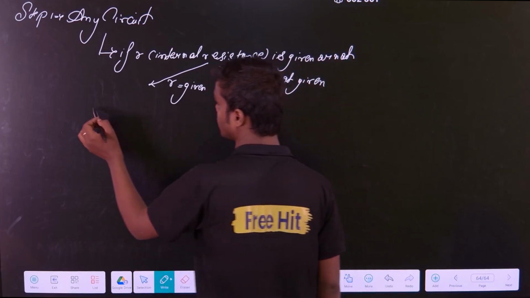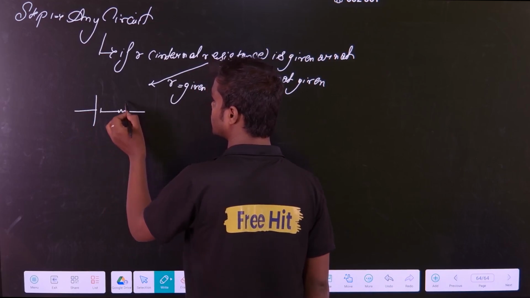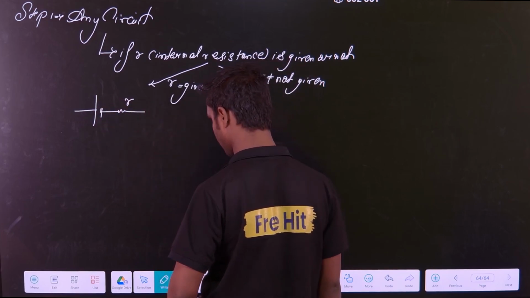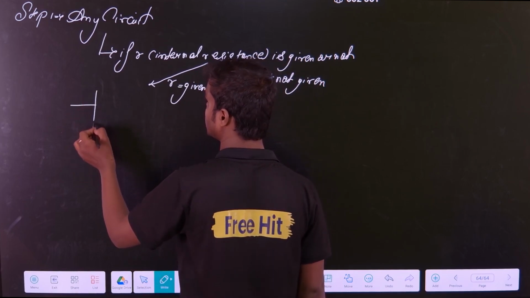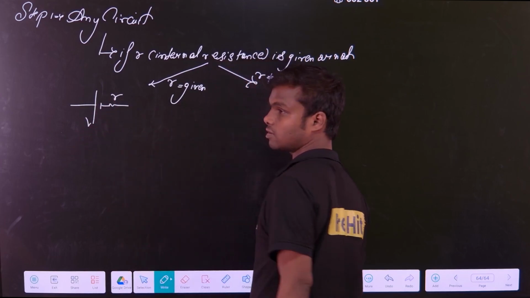If r is given, then you write the circuit like this: a battery and, just here, small r. Suppose there is some big circuitry; you simply write it as a battery with small r. Clear?